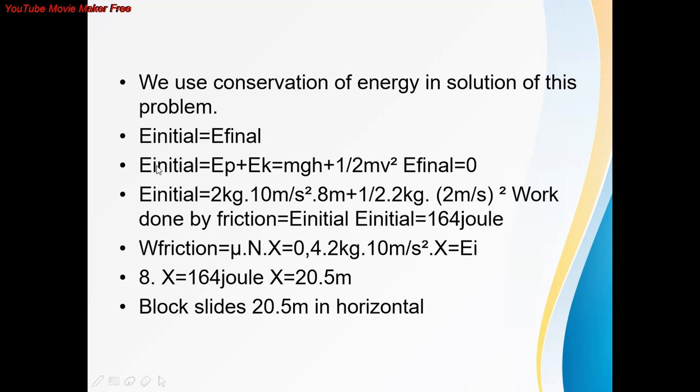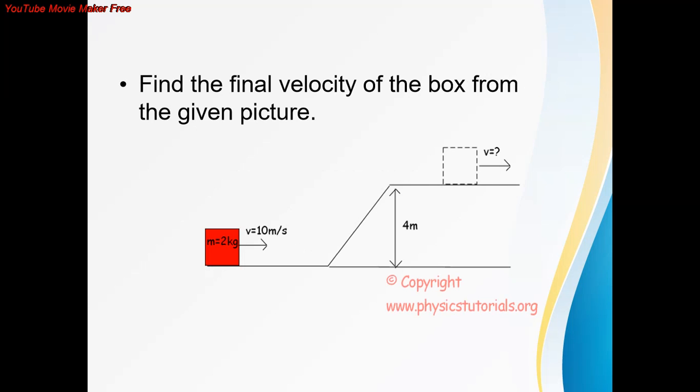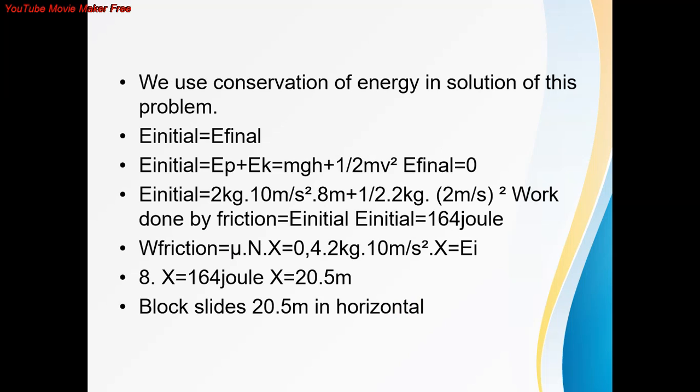Now another principle I discussed last class: the total work done is equal to E final minus E initial, right? The total work done is actually mu into N x, and N is basically m into g.